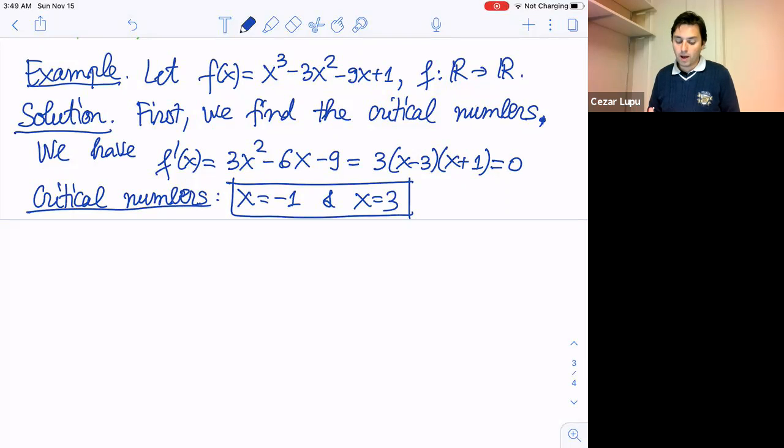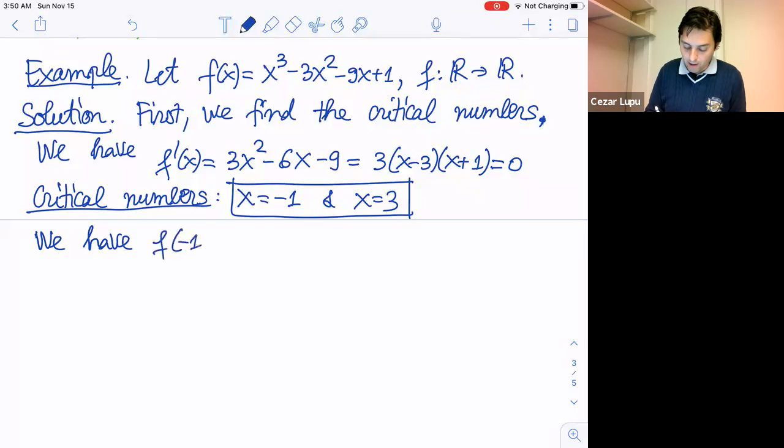Now we have these critical numbers, and we evaluate our function f at these two critical numbers. So f of -1 will be 6, and f of 3 will be -26, right?